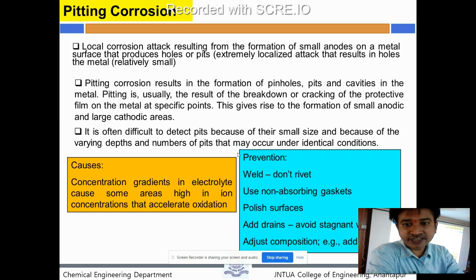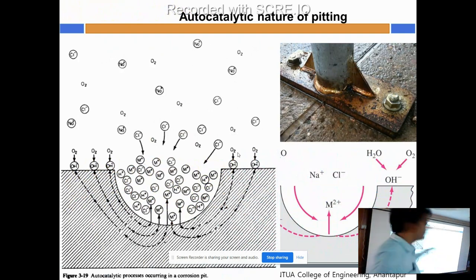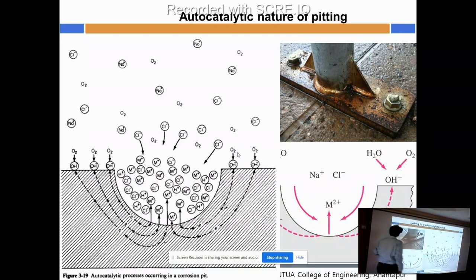So concentration gradients in the electrolyte cause some areas of high ionic concentration that can accelerate the corrosion. So you see, if any small hole or small pit is left unintentionally, again the principle is the same mechanism. More positive ions will attract the chlorine minus ions, and these more chlorine minus ions will try to increase the oxidation rates.